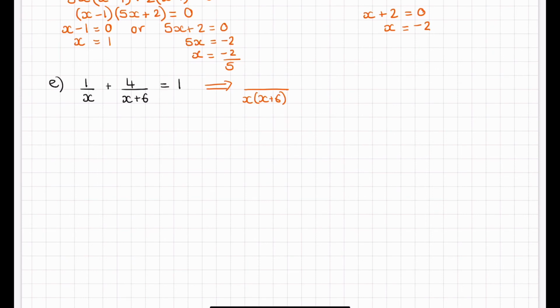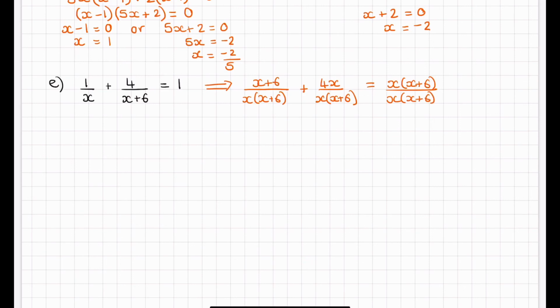So 1 over x, we need to times that by x plus 6. The second part, we're going to have to times it all by x. Remember, we have to times the numerator and the denominator. Then we also have to do it to the right-hand side of the equation. So it'll be x plus 6 over x plus 6.